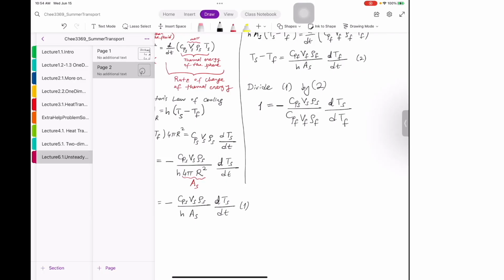So this gives us a relation between the Tf and Ts. We got rid of the time dependence. So at any time, if you know the temperature of the solid, this gives you an idea about the temperature of the fluid.